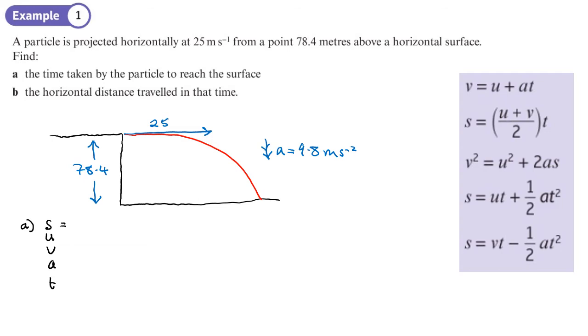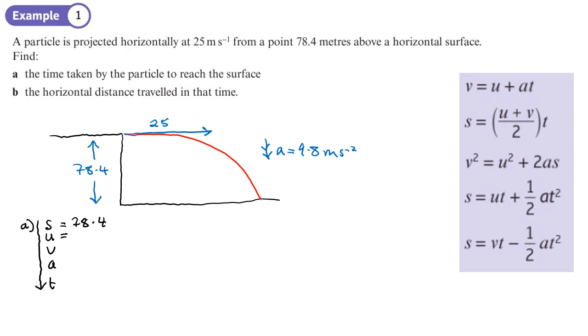Right, so we're going to take downwards as positive here, because the whole movement of this particle is downwards. It doesn't really make sense to take upwards as positive. We'd still get the same answer, we just end up with a whole heap of negatives. Right, so S, we want to work out how long it takes to do that distance, 78.4.